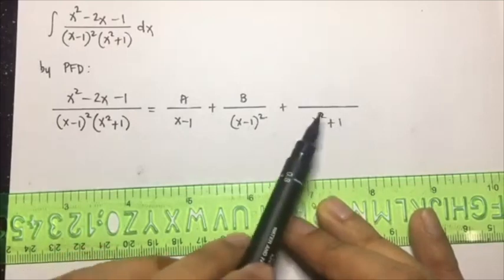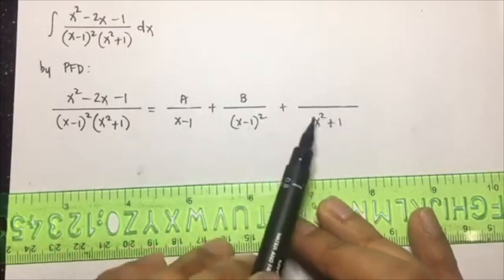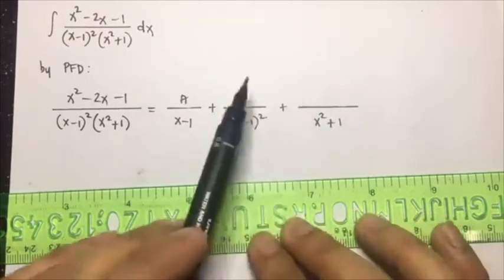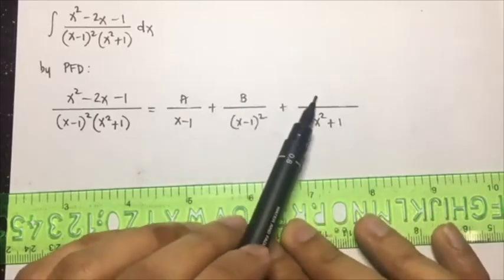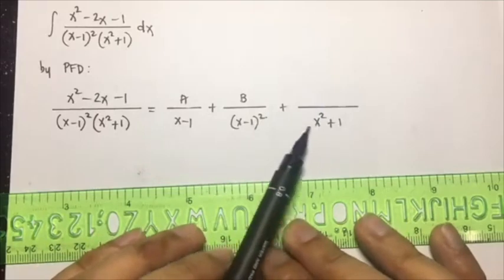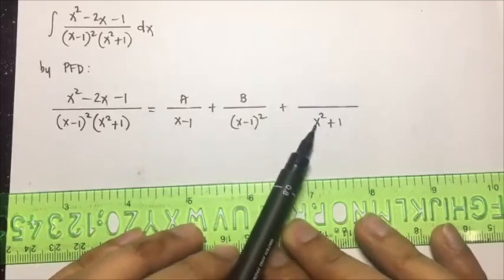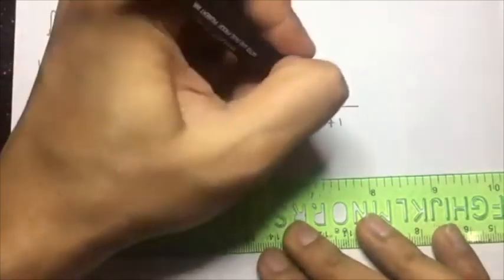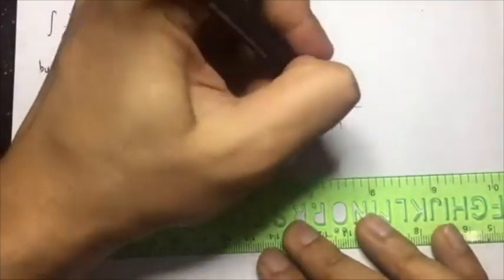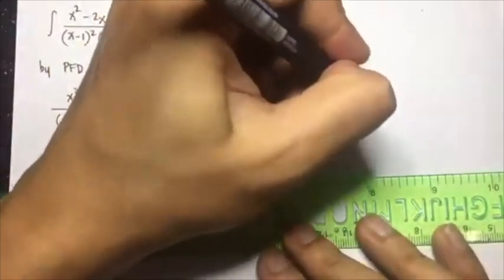But instead of writing just x, we will write it in such a way that later on it will be easier to integrate. So we will write x as the derivative of the denominator. The denominator is x squared plus 1, so its derivative is 2x. So therefore we will have c times 2x plus d.